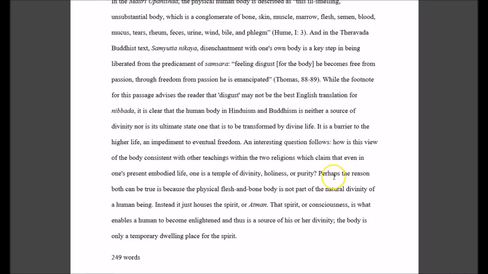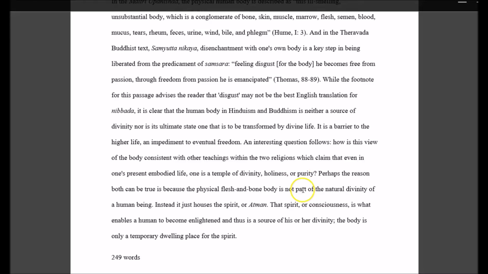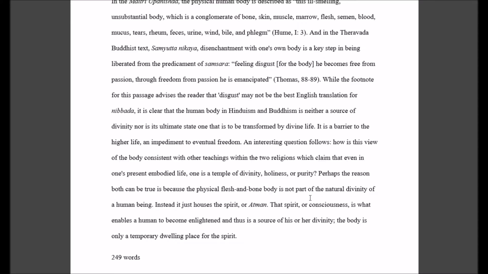If she had used this in response to my prompt and started up here with "perhaps," no. What you need to do in these contributions is you take a stand, a definitive stand in response to the prompt. So what she's doing here is not taking a definitive stand. She's giving a hypothesis, right? But it is to her own question. So I don't mind that at all.